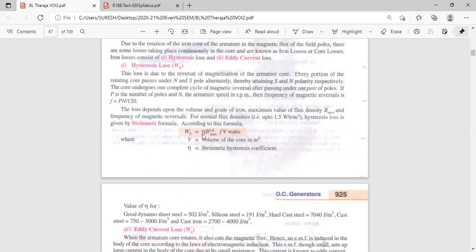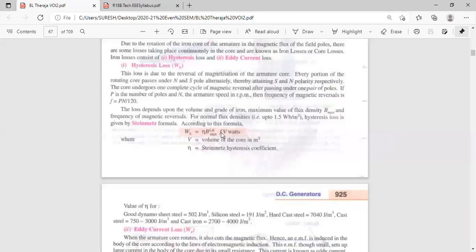What is this eta? Eta is the Steinmetz hysteresis coefficient. Based on his name, he had proposed one constant, that is eta, called the Steinmetz hysteresis coefficient. V is the volume of the core in meter cube. Volume unit is meter cube.